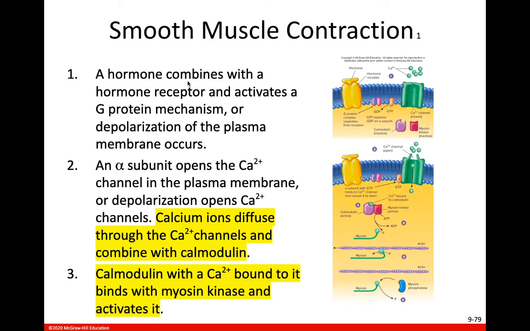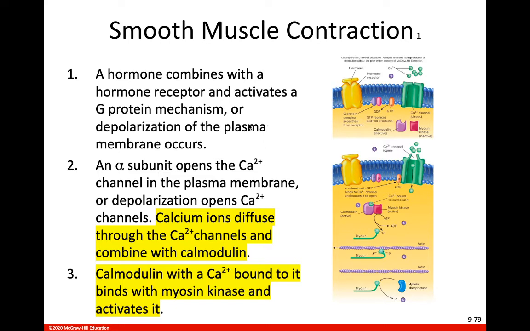So if a hormone attaches to the sarcolemma of the smooth muscle cell, this activates a G protein mechanism, which contains an alpha subunit. This alpha subunit will open up calcium channels in the sarcolemma, allowing calcium to move from outside the cell to inside the cell to bind to that calmodulin.